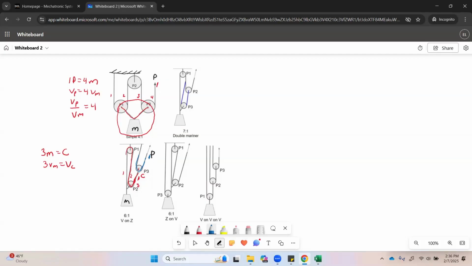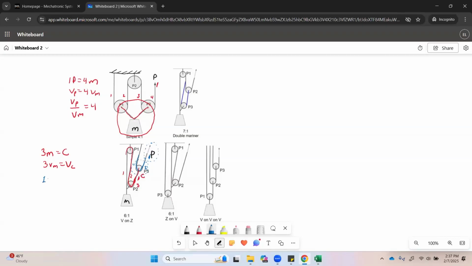And then on the blue rope, for C, we have 1 rope pulling up and 2 ropes pulling up. So over here P just sees 1 rope. P just sees this part. C, over here, this pulley, sees 2 ropes.